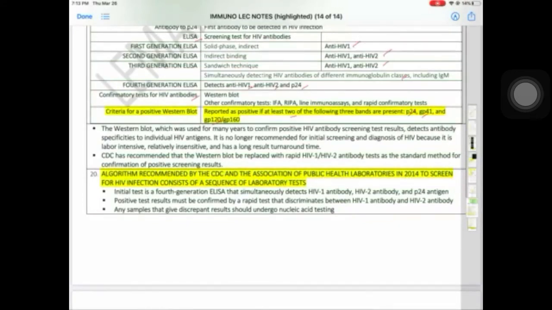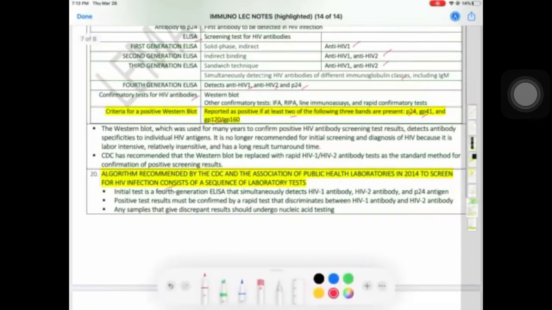So, ngayon, yung CDC recommended algorithm for diagnosis of HIV: a screening test with a fourth-generation ELISA and a rapid test that will help us differentiate HIV-1 and HIV-2 antibodies. Noong araw po, ang standard confirmatory was Western blot, pero ngayon hindi na po, kasi nga matagal yung result, 7 to 21 days, according to the OH natin.